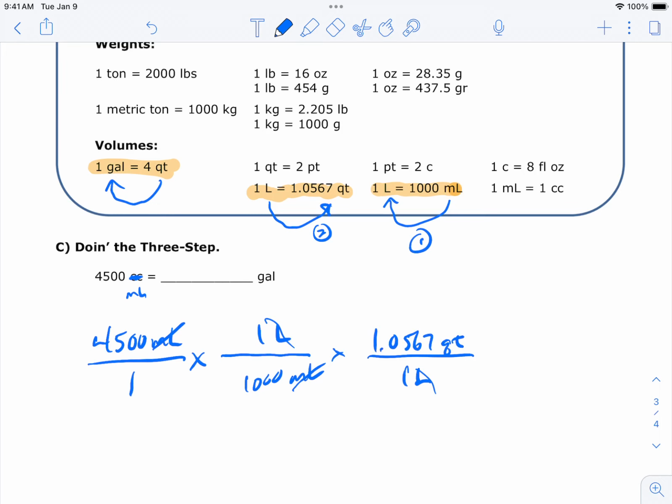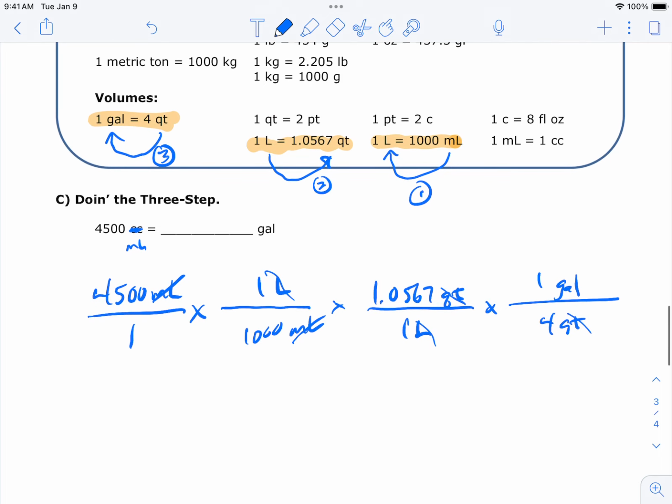All right, we're moving now, folks. Now I've got quarts, so I bring in this one. It says 1 gallon equals 4 quarts. How do I know to write it that way? To make sure the quarts cancel. I'm left with gallons.